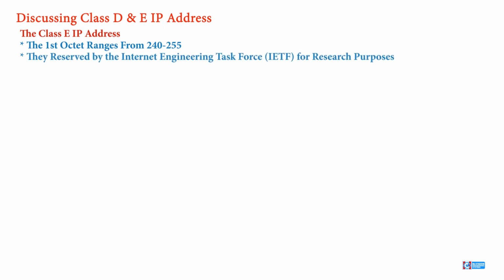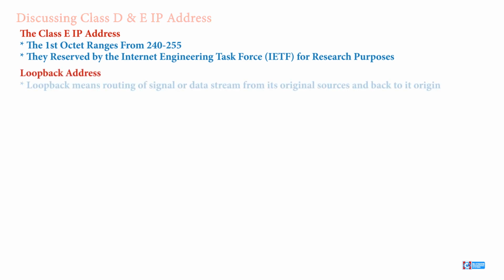We spoke briefly about the Class E IP address. We saw that this address ranges from 240 to 255 and is reserved for research purposes by the Internet Engineering Task Force, popularly known as IETF. We then spoke about the loopback address.